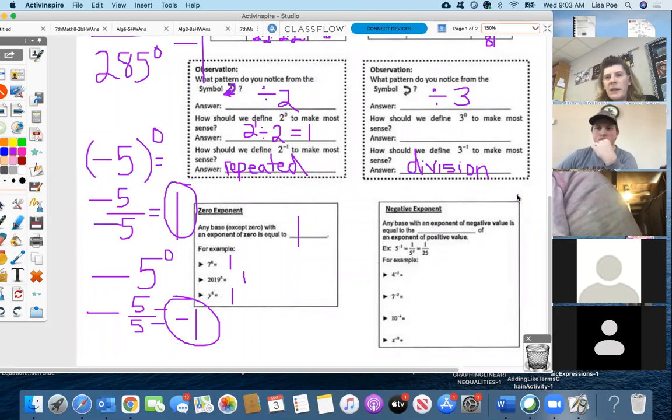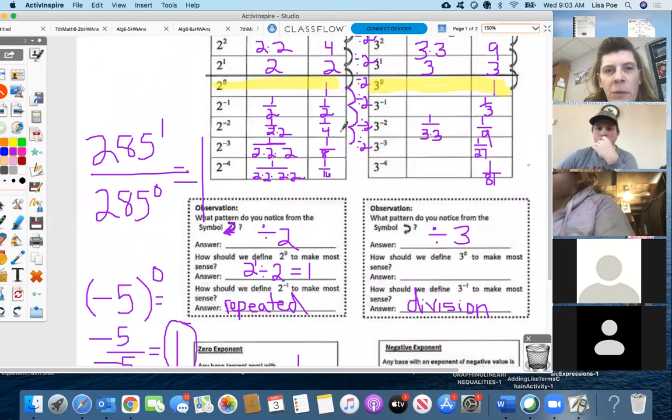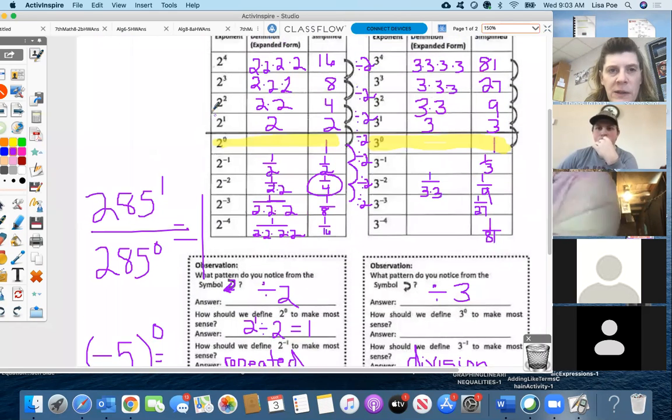All right, so any base with a negative exponent is equal to the reciprocal of the same base with a positive exponent. Look at these. Remember here? 2 to the -2 was 1/4, which is what in comparison to 2 to the 2nd? What is 1/4 compared to 4?